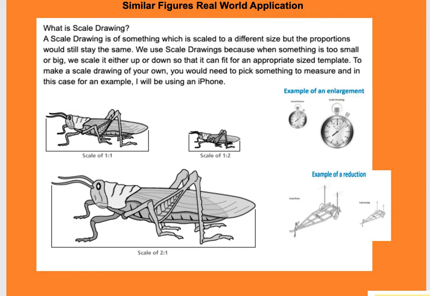That's a scale factor, and it's drawn to scale, just like these examples that you see here with the cricket. Is that a cricket? Yeah. Okay. And then this is an example of an enlargement. It's an exact replica but enlarged, and then an exact replica that is scaled down. So this is scaled down, a reduction. Why is that important?